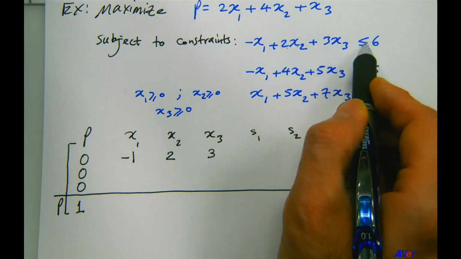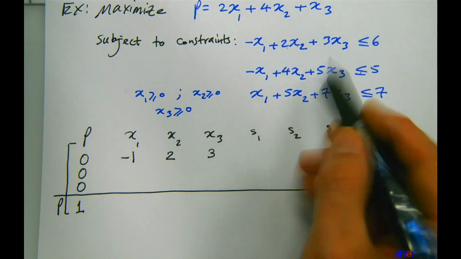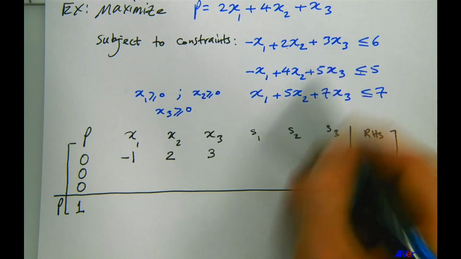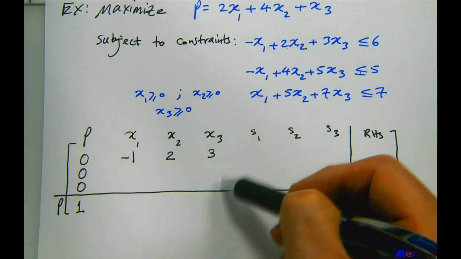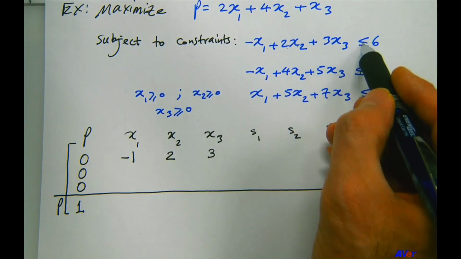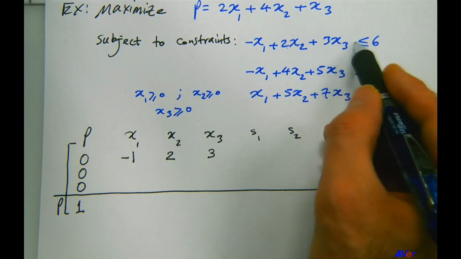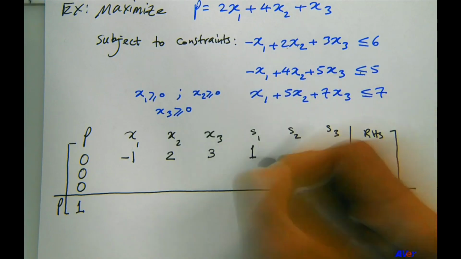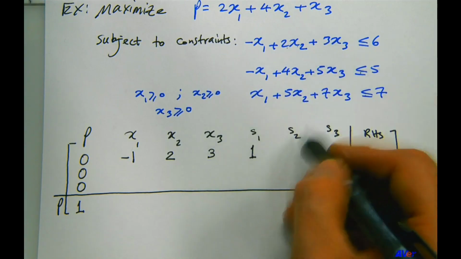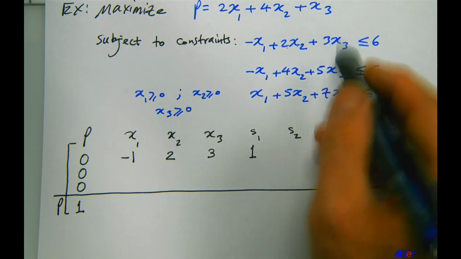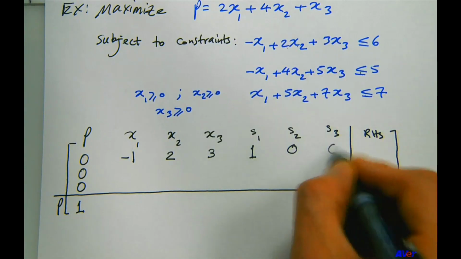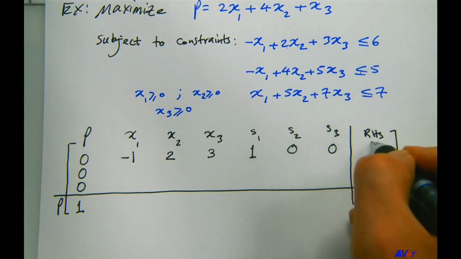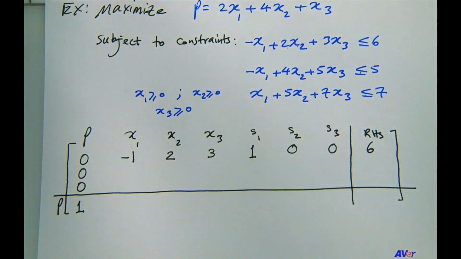Remember, we can't import coefficients of an inequality into a matrix. We need to convert this into an equality. To do that, we need the slack variable S1, so the coefficient of S1 is 1 for that one. There's not going to be any S2 and S3 there because there's no need for them. So 0, 0, and of course 6 is the number in the right-hand side column.